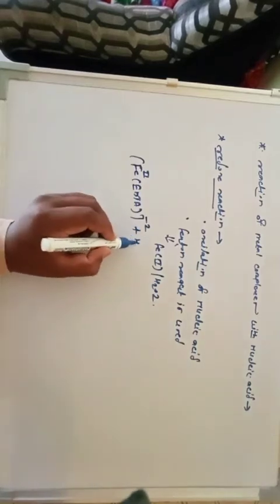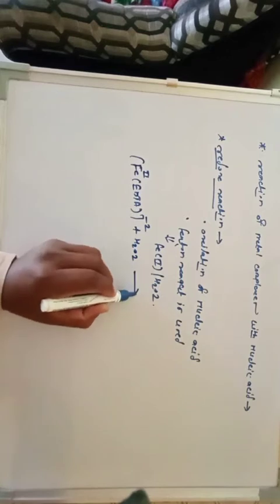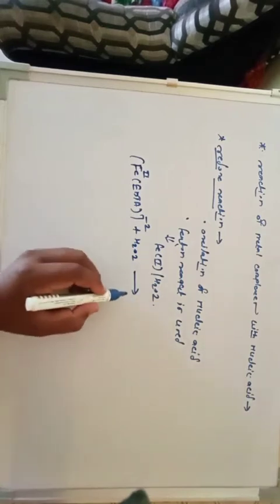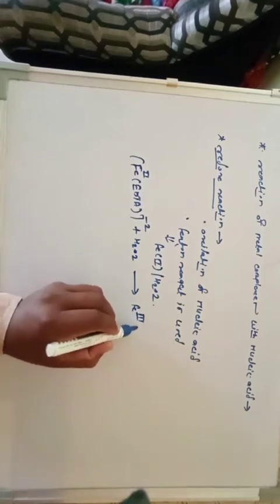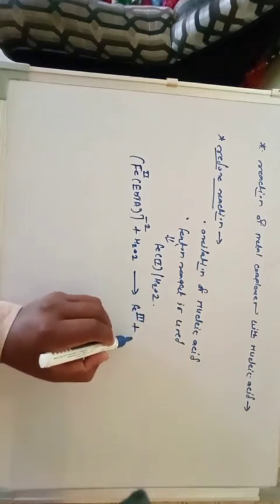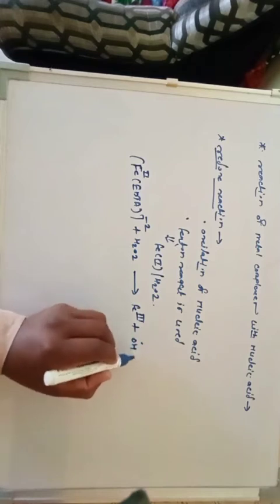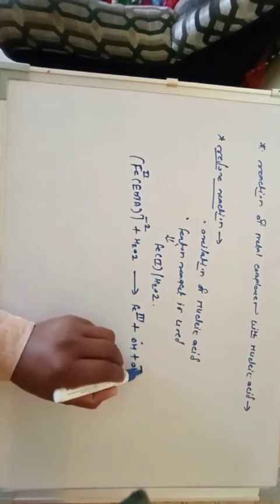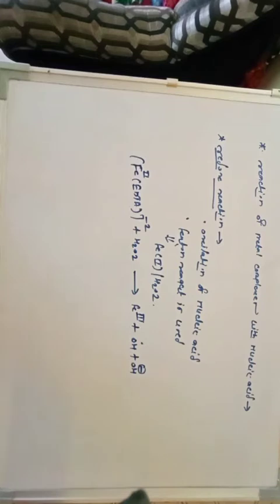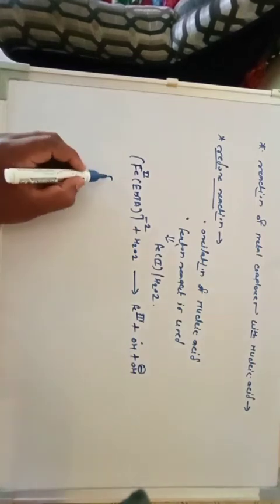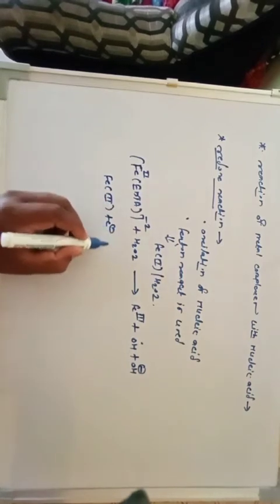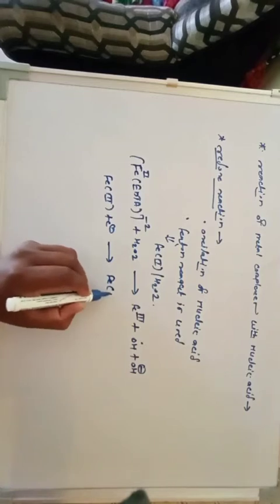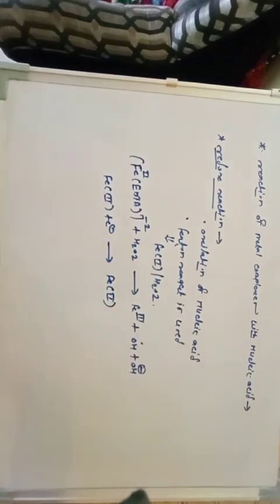It will react with H2O2, and there is an oxidation of Fe from Fe(II) to Fe(III) with the formation of hydroxyl radical and hydroxyl ion. Again, this Fe(III) will take one electron and convert into Fe(II). So this is the primary process.